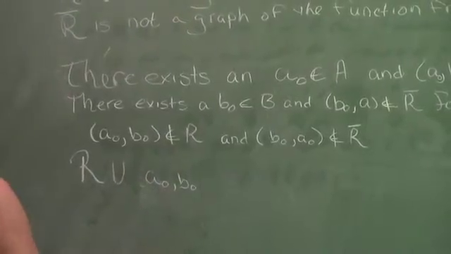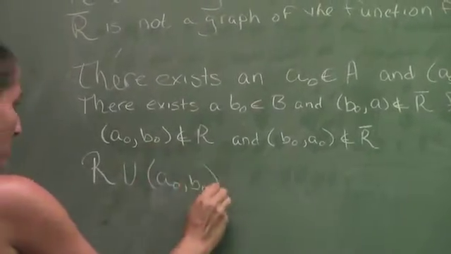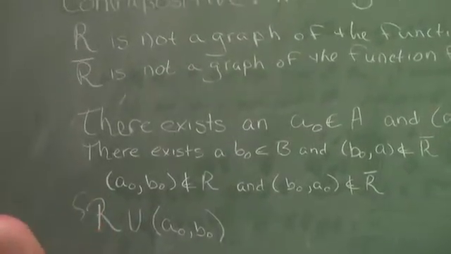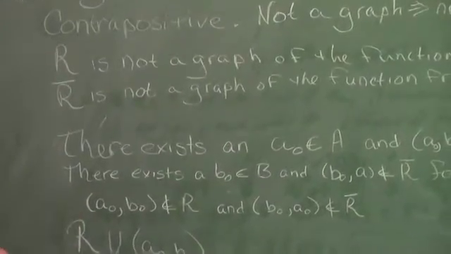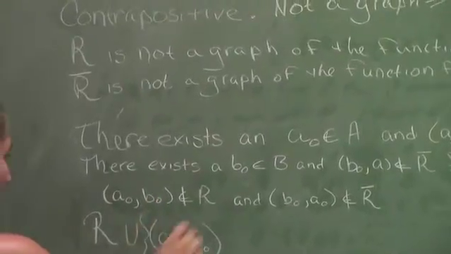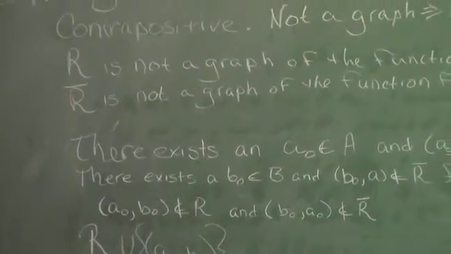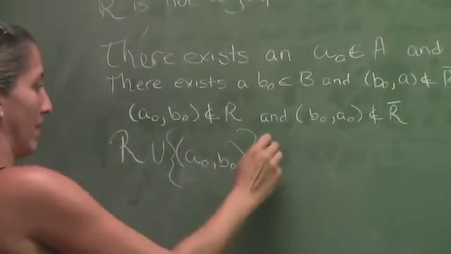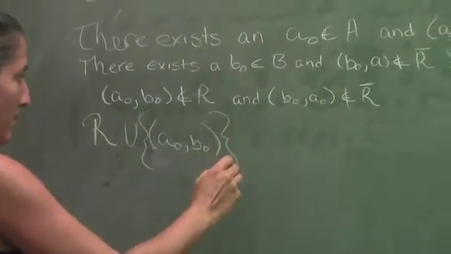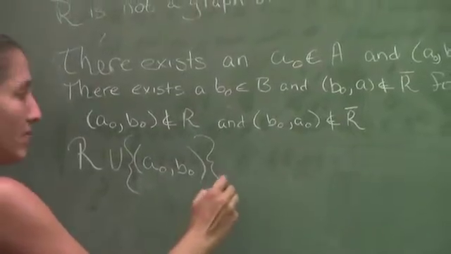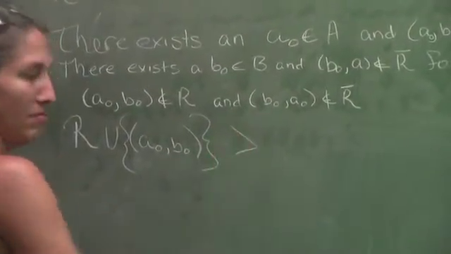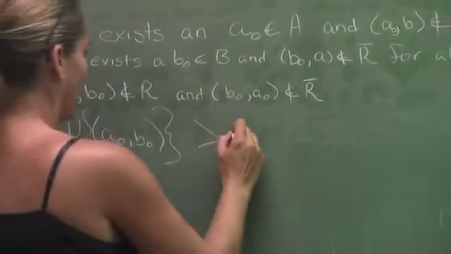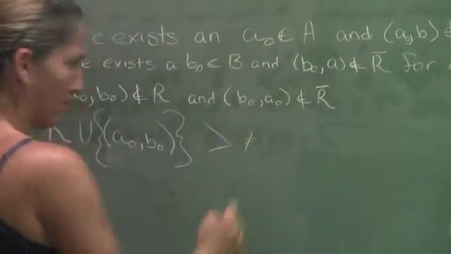You're adding sets, that's why. Curly braces only around the element, a set consisting of this one element. So this is bigger than R, and not equal.